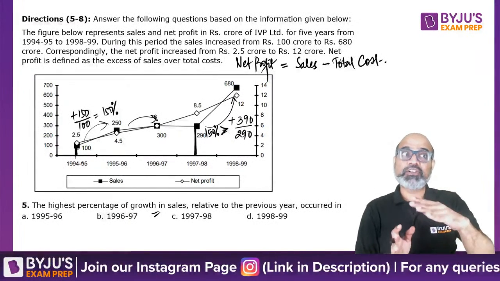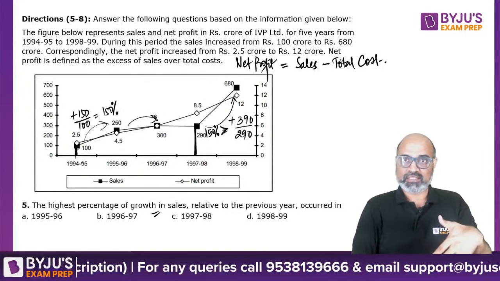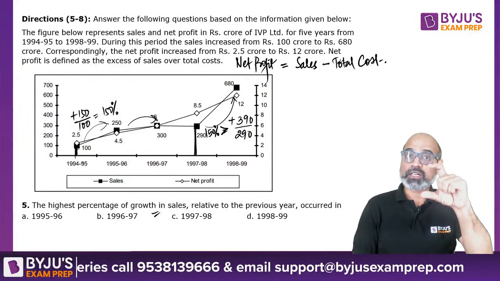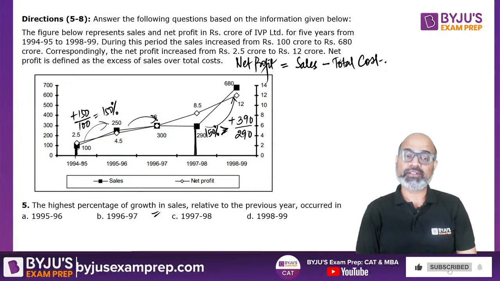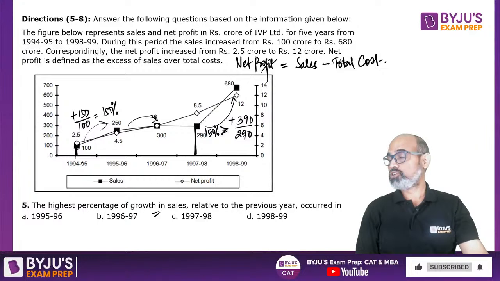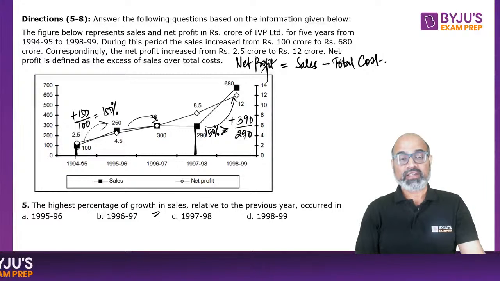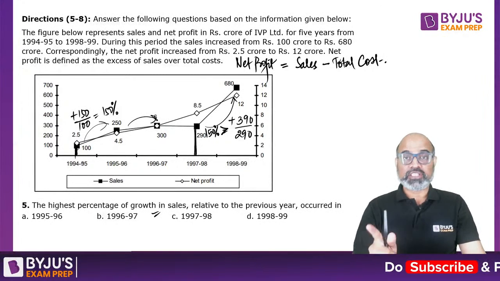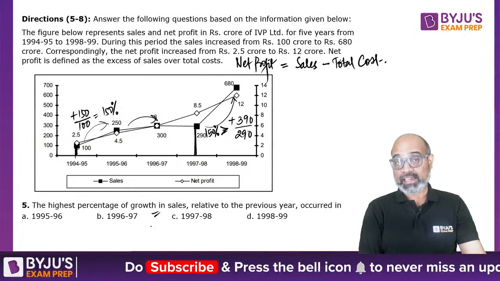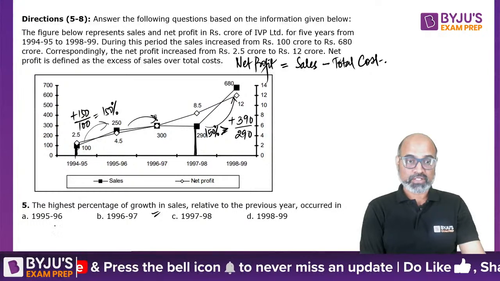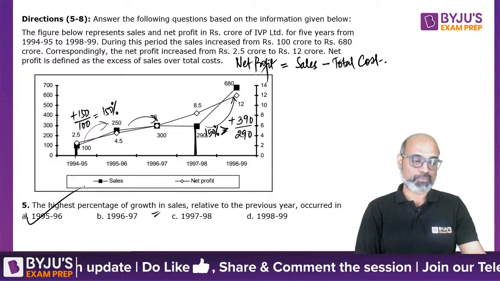So it matters how close to the x-axis the slope lies, because if a value is closer to the x-axis, it means its base is smaller, as in the denominator is going to be smaller, so the percentage is going to be higher, right? So do not use slope in a line chart. If they ask you percentage change, that is going to be an error that you will end up making. So 95, 96, there was the maximum percentage growth in sales as compared to the previous year.